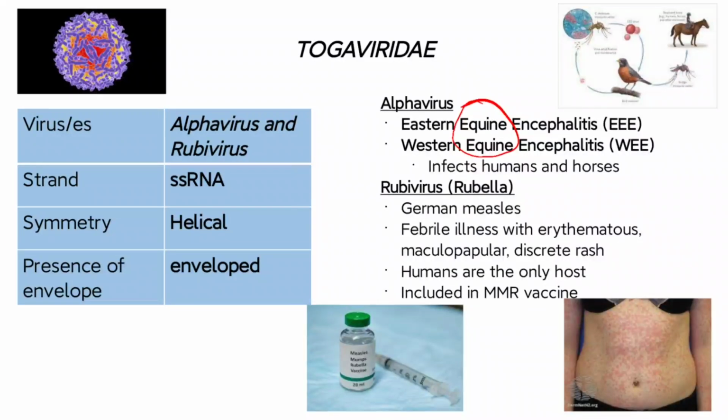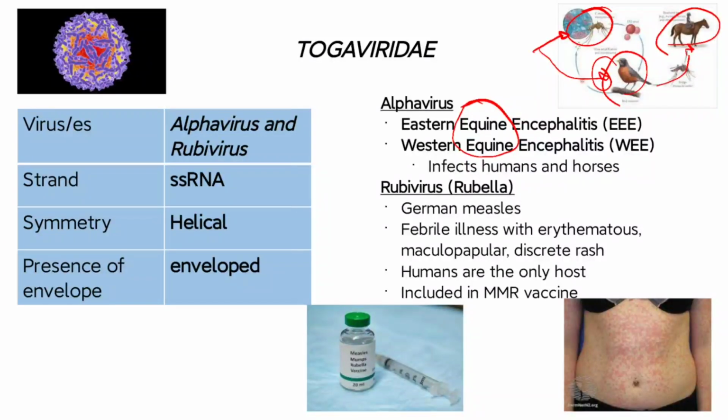So, it infects humans as well as horses. So, galing siya sa arthropod. Arbovirus din siya, no? Tapos, yung usual host niya is yung kanyang mga birds. Tapos, maaari din siyang maka-infect ng horses and humans. Okay? Yun yung alphavirus.